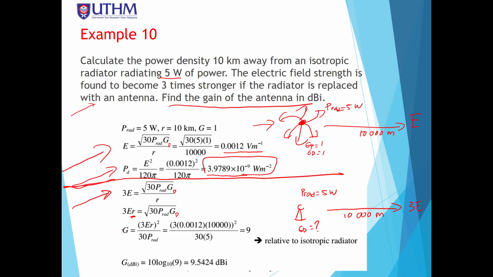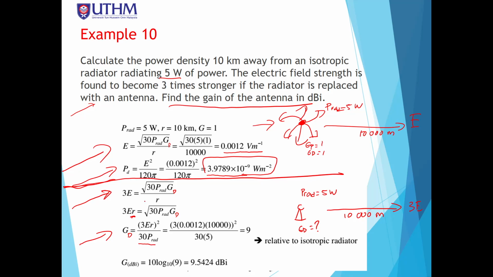Therefore, the gain that we find here is actually the directivity gain, because we are using radiation power. So GD, the directivity gain, is equal to (3ER) squared divided by 30 P radiation.